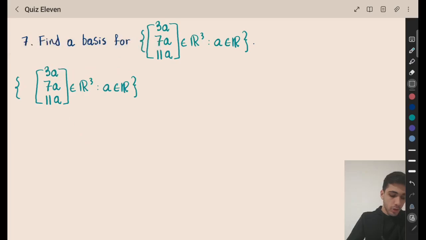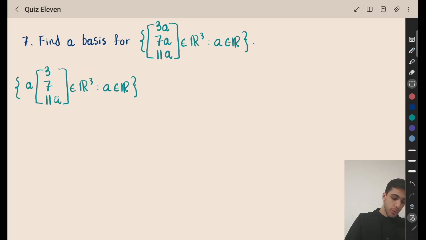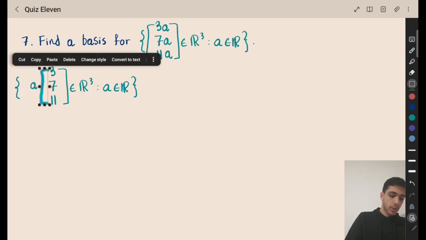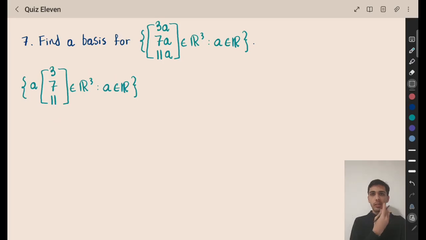And each coordinate is being scaled by A, which means I can just take it as a common factor. And then maybe I'll ask myself the question, do I know what type of vector space this is? Do I know anything about its dimension? Well, I can say this now for sure. It's a one-dimensional vector space.